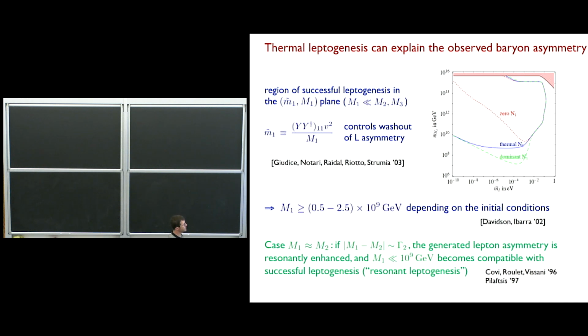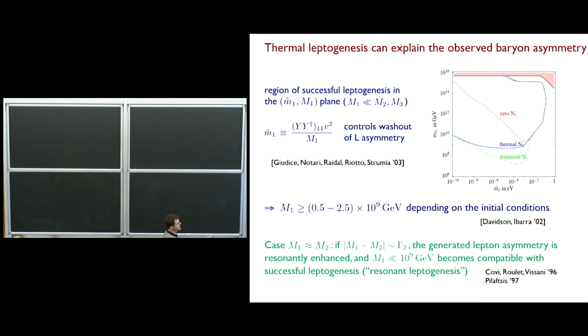The different curves correspond to different initial conditions for your sterile neutrinos. So the red one corresponds to a zero initial abundance. So you assume that in the universe there is no other process that creates sterile neutrinos than their inverse decay, meaning that a lepton plus a Higgs produces a sterile neutrino.